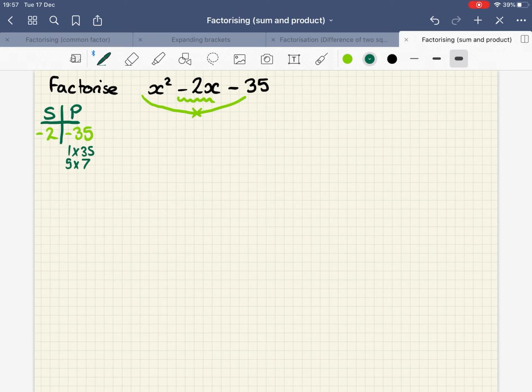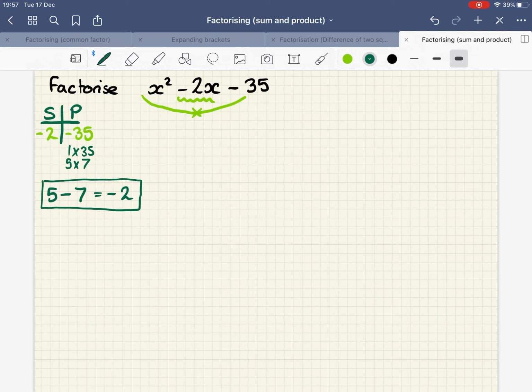If you are unsure about which one's going to be a negative, you can certainly see that I'm more likely to get 2 using these two numbers here. So you could start writing down 5, 7 equals -2, and then think about where your positive and your negatives might be. In this case, 5 take away 7 equals -2.